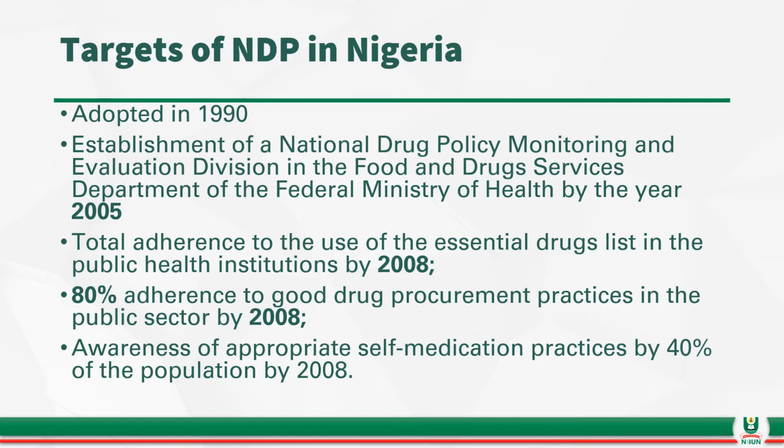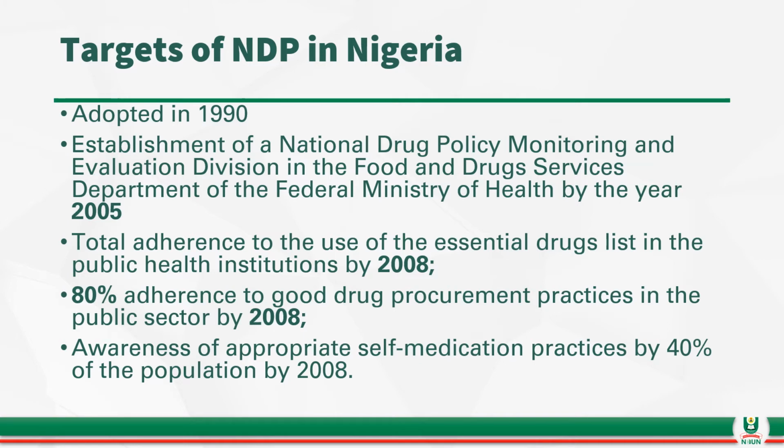Several years have passed now, and that has actually culminated in the establishment of NAFDAC, National Agency for Food and Drug Administration and Control in Nigeria. So they regulate food and drugs, and that has helped to achieve that target.